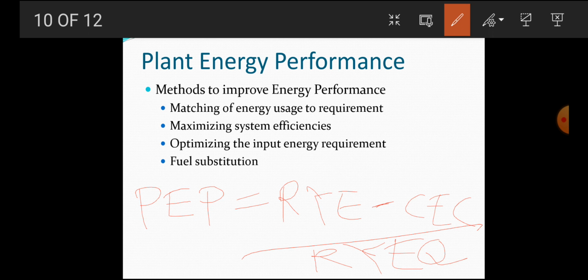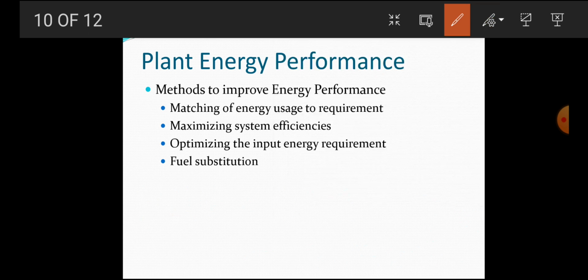Now we will see the next topic, methods to improve energy performance. What are the methods which we can use to improve the performance? First is matching of energy usage to requirement.